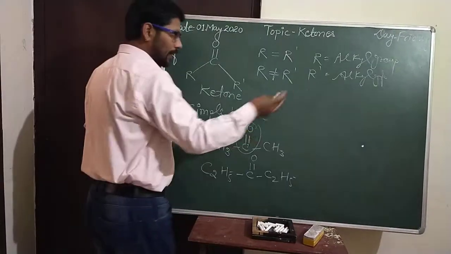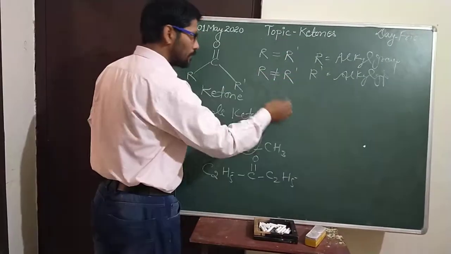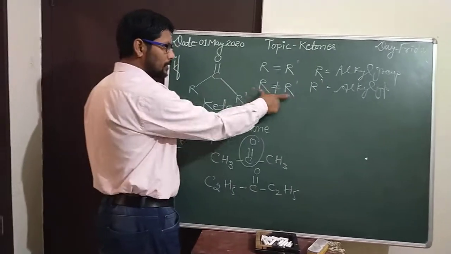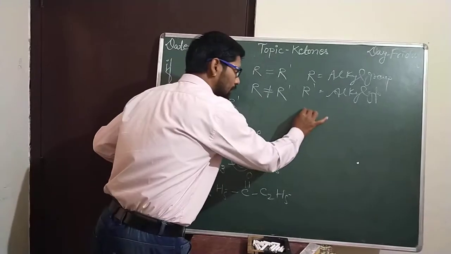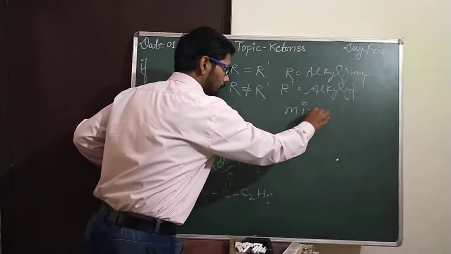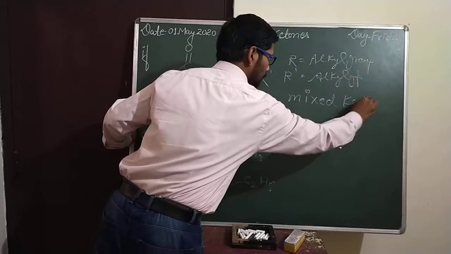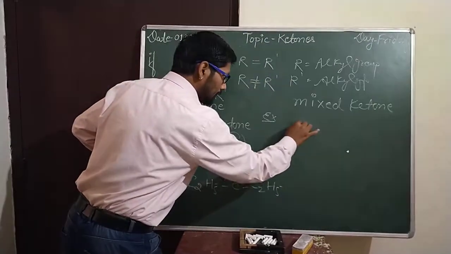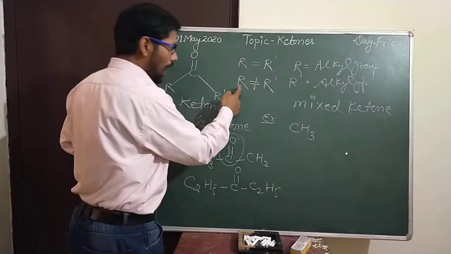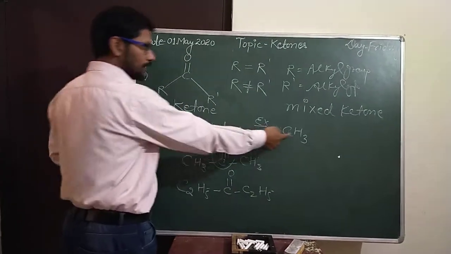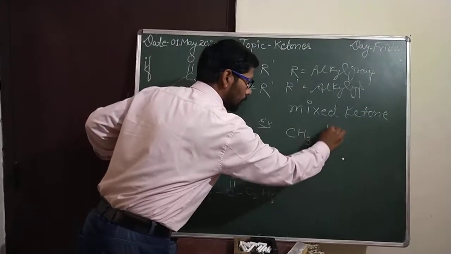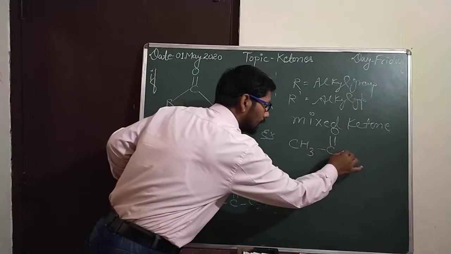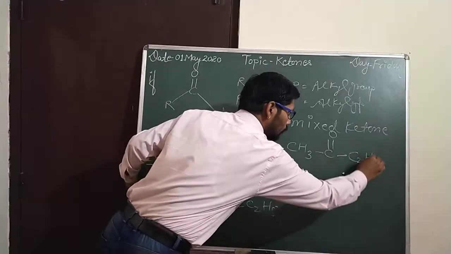Another type: when both R and R dash cannot be equal, this is called mixed ketone. For example, R is the alkyl group CH3, C double bond O, and R dash can be C2H5.